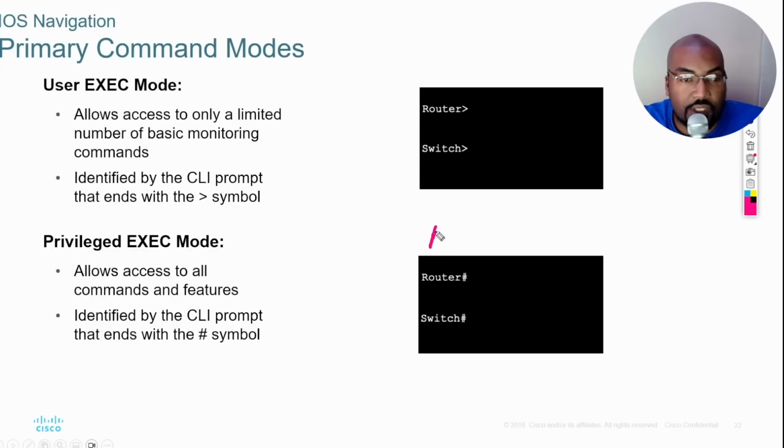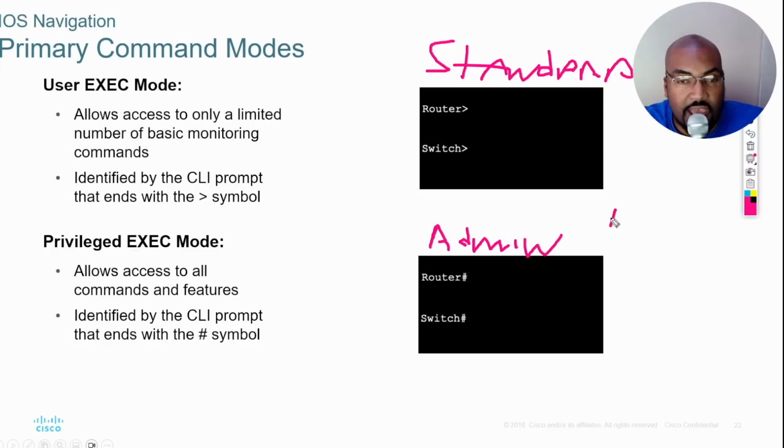This would be like running everything as an administrator, and this would be standard mode, very standard. I'm actually going to write this acronym up here too, principle of least privilege. That's essentially what user exec mode is, because you can't do all the big stuff in this mode.